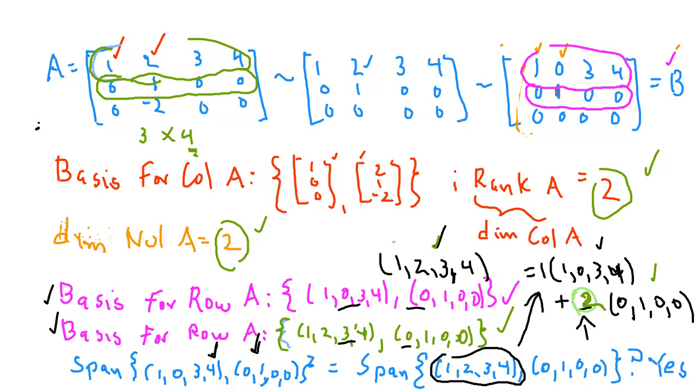The row operations preserve the row space. The row operations do not preserve the column space, though.